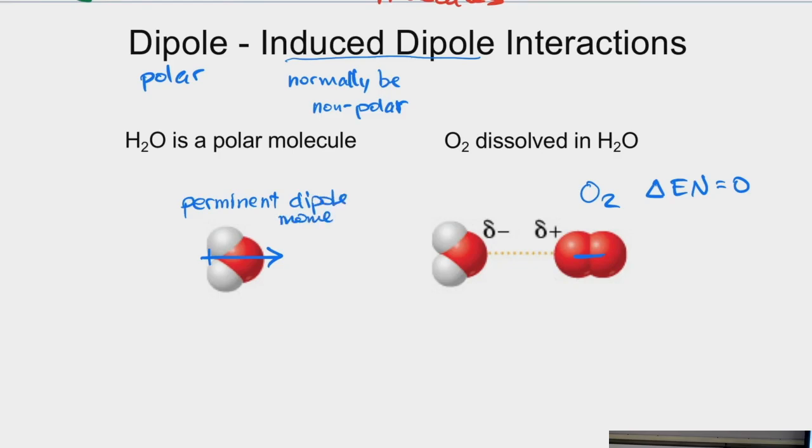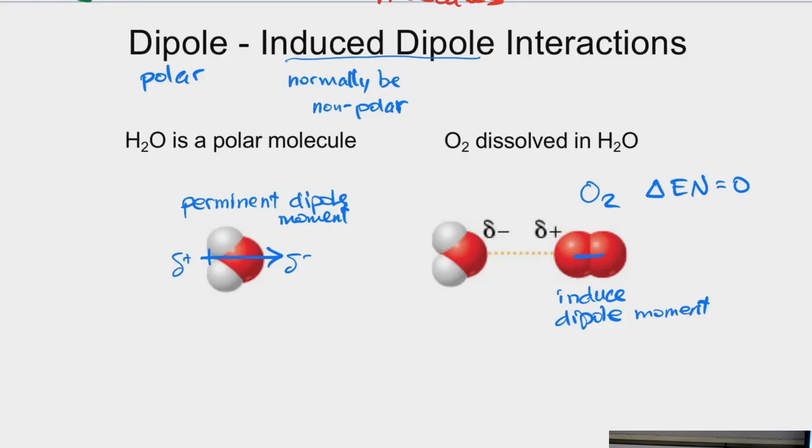That's going to give us a delta negative and a delta positive. And when that happens, we're going to induce a dipole moment in the O2. Okay? It's not that much of a leap of a concept based on the discussion that we've been having so far.